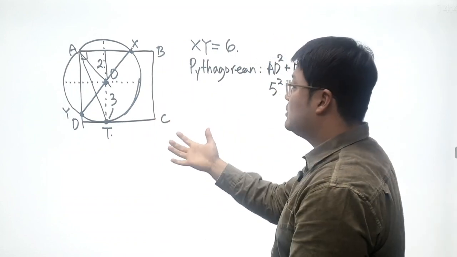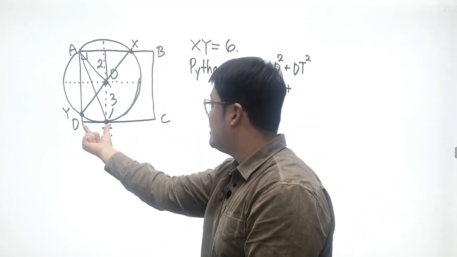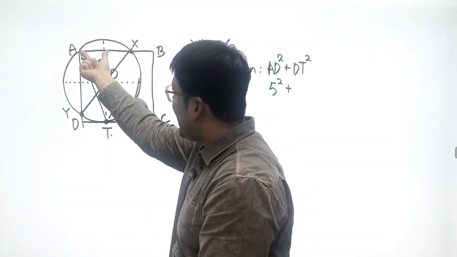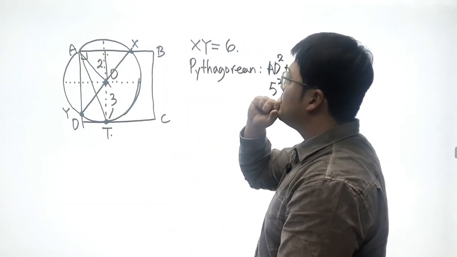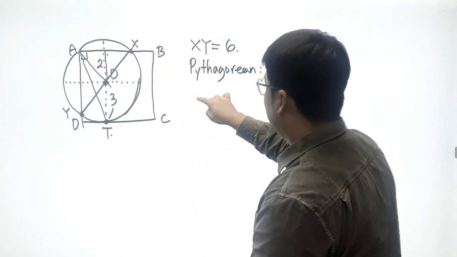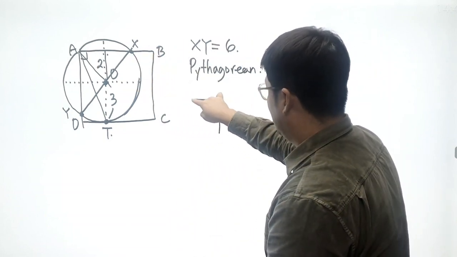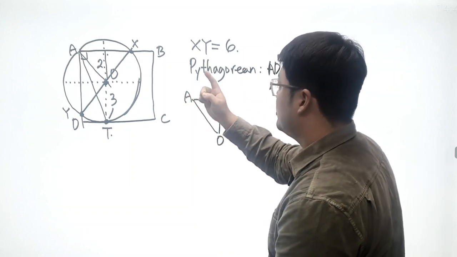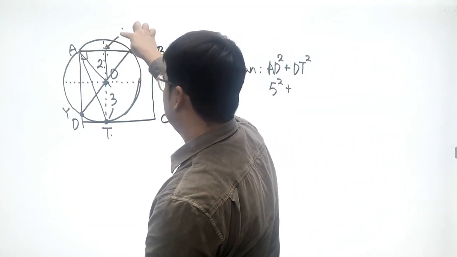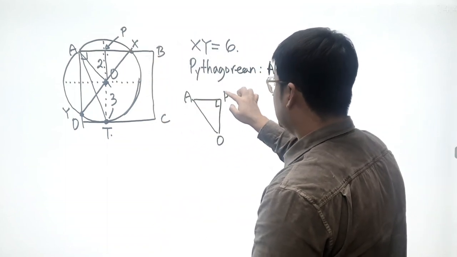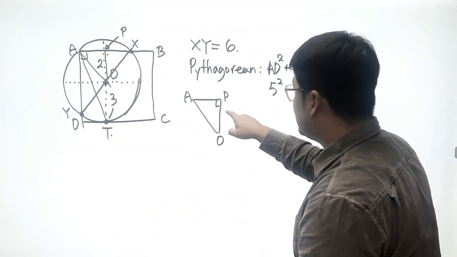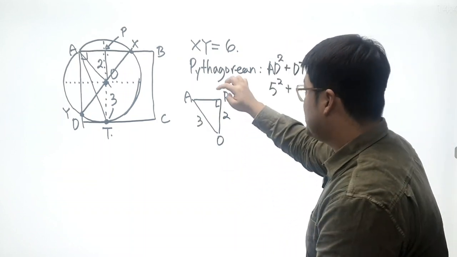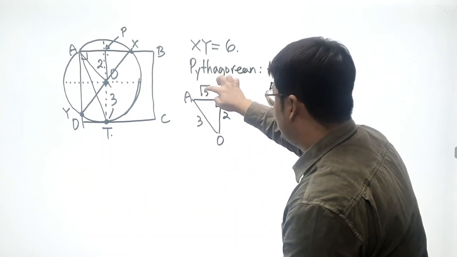All right, we're almost done, because I know how to find DT: DT is going to be congruent to half of the chord. So pretty much I have a triangle that looks like O and A, and shall I call this P out here? If I call it P, we've got APO. These are 2, these are 3, and I know that AP is supposed to be just root 5.